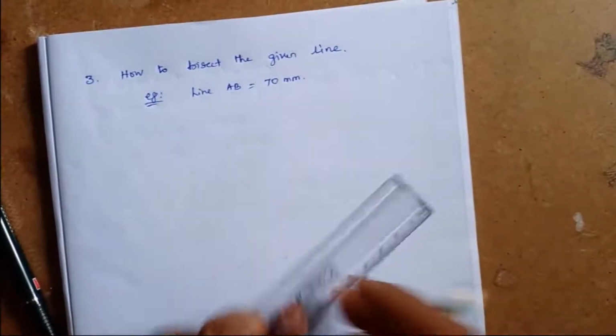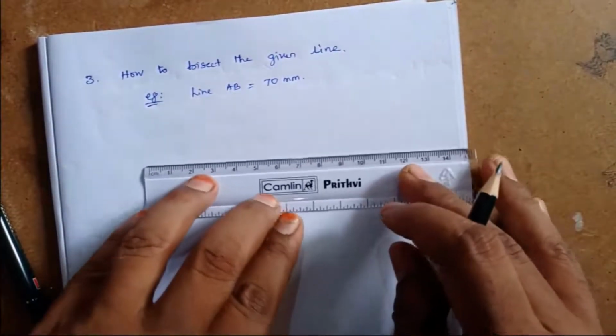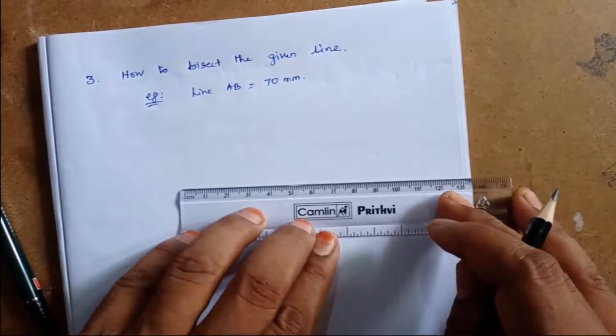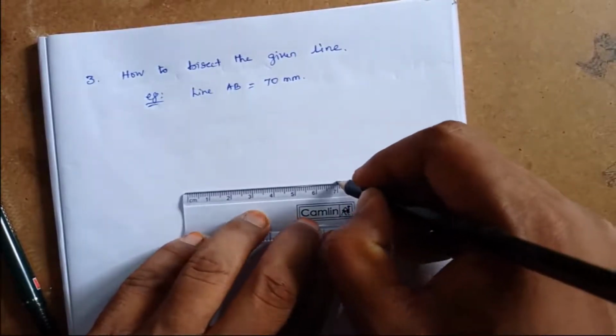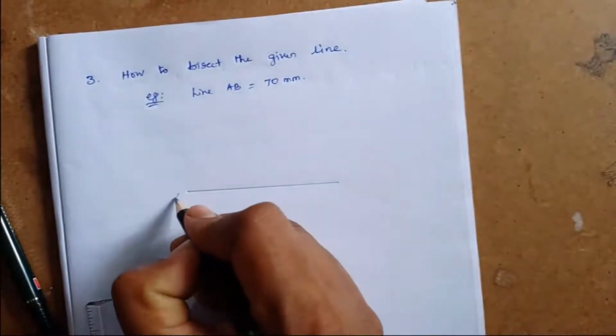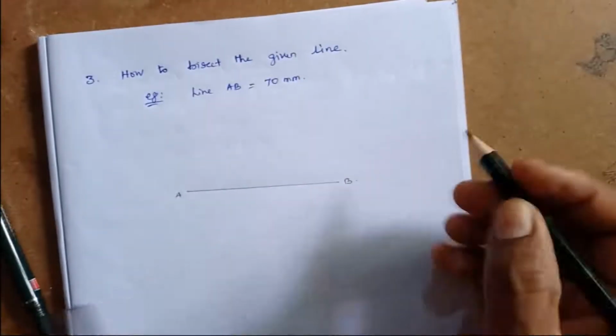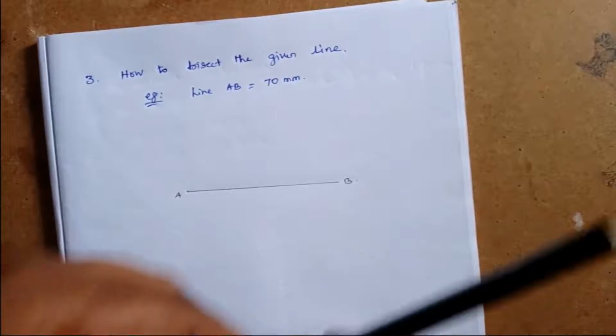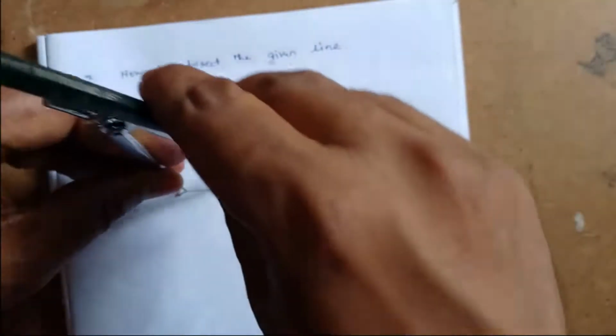First step, take the scale and draw the line to the given dimension AB, which is equal to 70 mm. Now take the compass, place the compass at A and draw the arc.